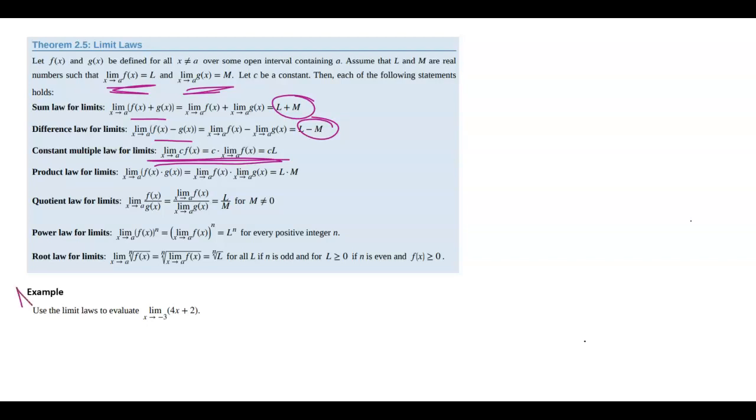If we look at this example down here, I'm going to go ahead and do those three in this example. Since I have 4 times x plus 2, what this tells me up here is that I can make this 4 times the limit as x goes to negative 3 of x plus the limit as x goes to negative 3 of 2.